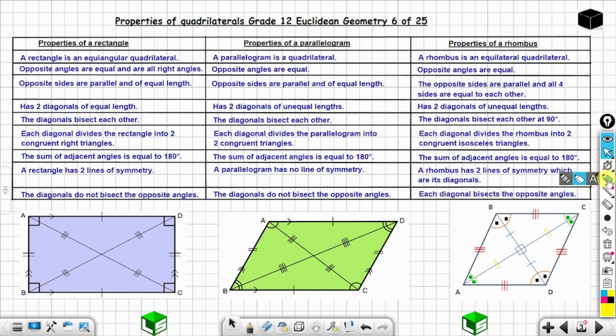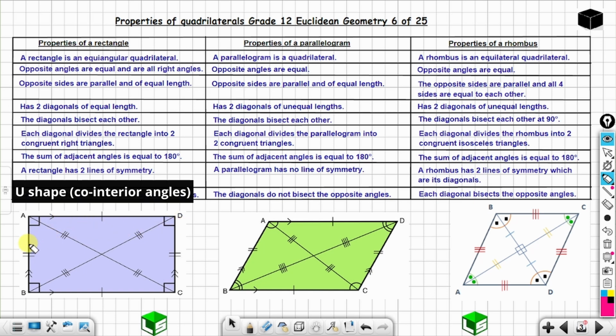Okay, let's see that. Let me get my highlighter. Can you see this angle plus this angle? You are going to have 180 degrees. Adjacent means next to each other. This angle plus this angle, you are going to have 180 degrees.